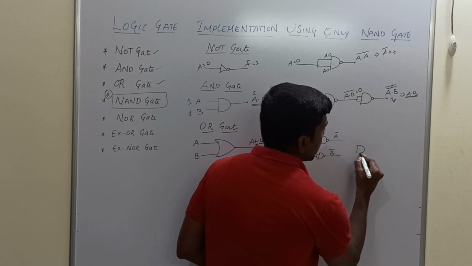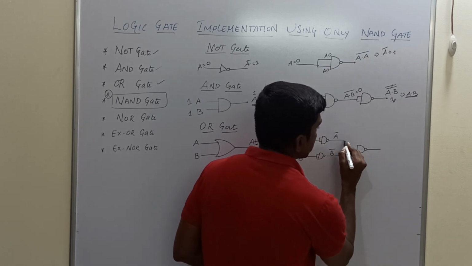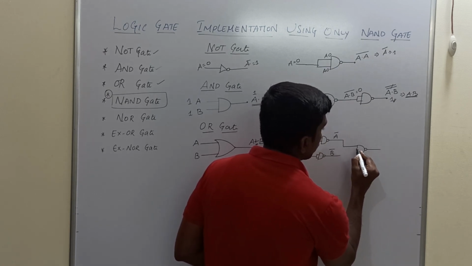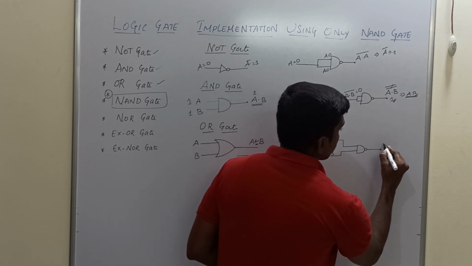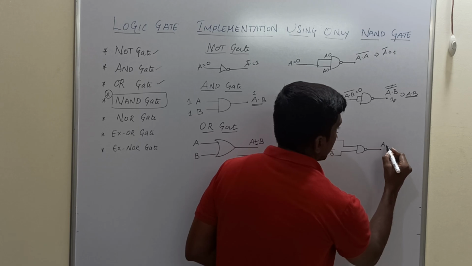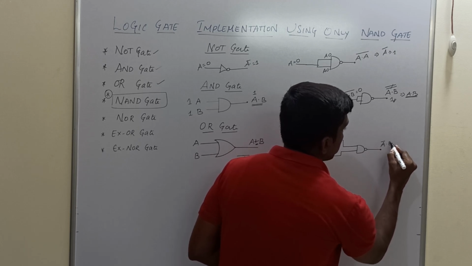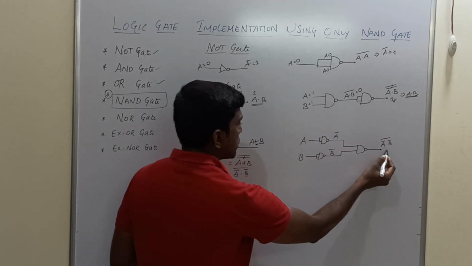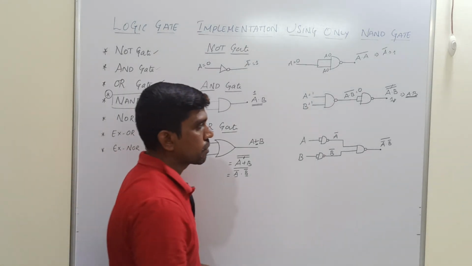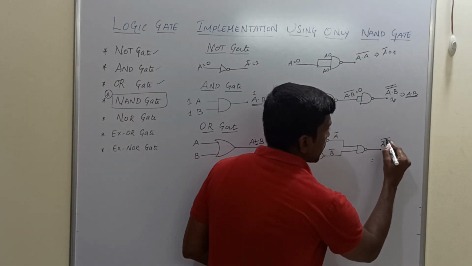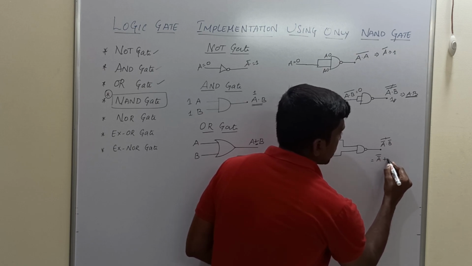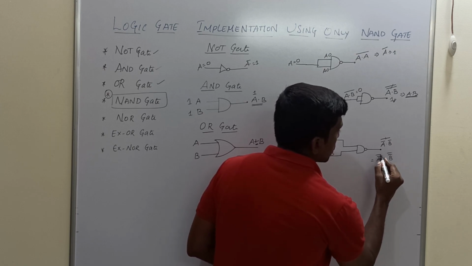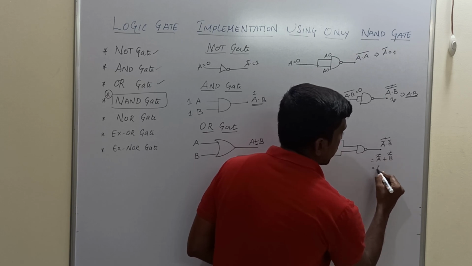For this operation I am using one more NAND gate. This A bar is connected to the first input, B bar is connected to the second input. Output of this third NAND gate is A bar dot B bar the whole bar. So these two expressions are the same. I just apply De Morgan's theorem. So A bar bar plus B bar bar. These two bars are cancelled. The final expression is A plus B.